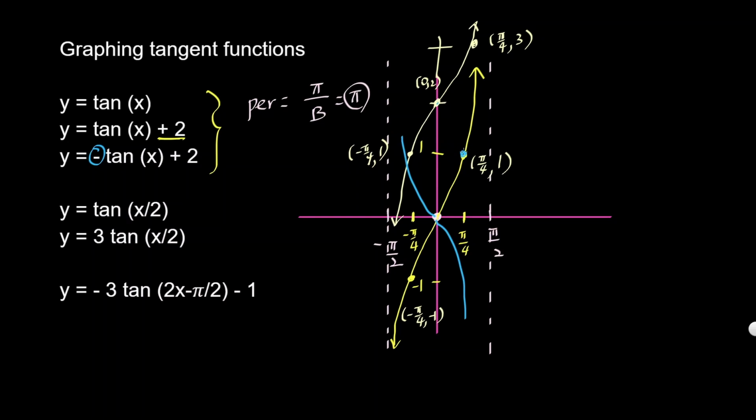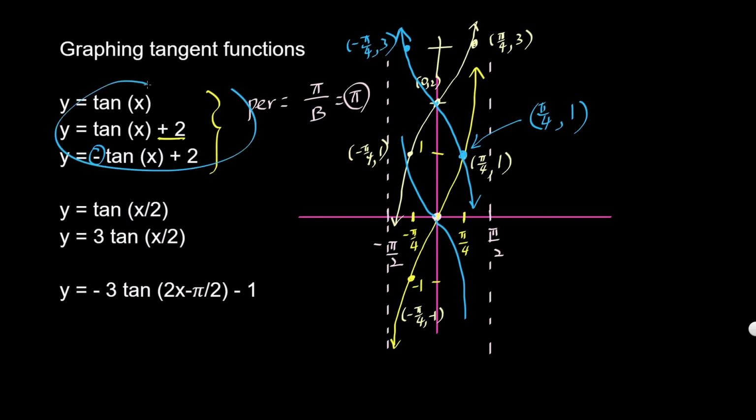So that point's going to be right here and right here. So it's going to be like that. Okay? And you know that point is (pi over 4, 1). And that point will be, again, (0, 2). And that point's going to be (negative pi over 4, 3). Okay, so those are all these 3 graphs here.